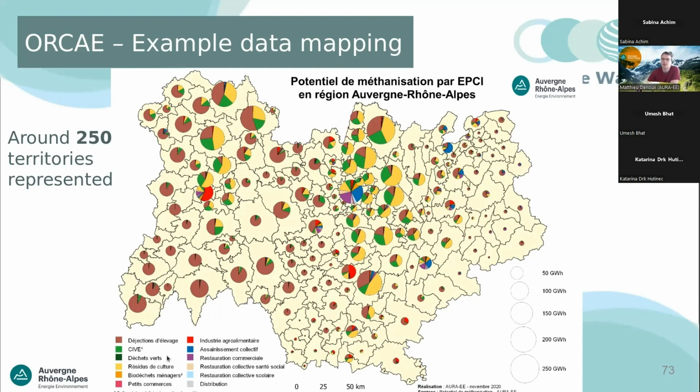So you have, we talked about food, animals waste, green waste, waste from the households, small groceries, and agroalimentary industry, etc. And so each territory has a distribution of the estimated potential.